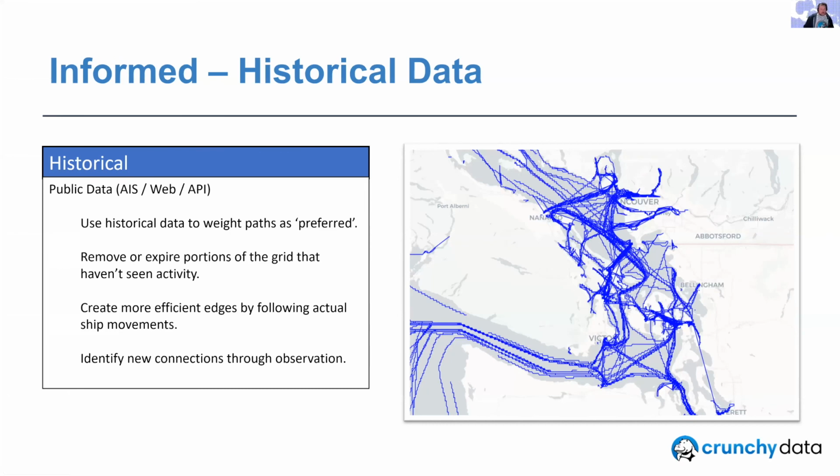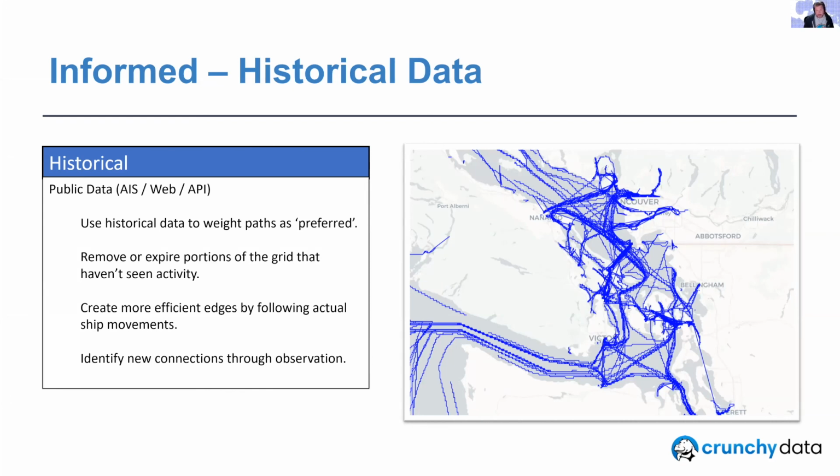Where we want to get to is an informed graph. This is a picture of AIS data of ships in the British Columbia, US border area, where we've snapped them to our 0.01 grid that we have.